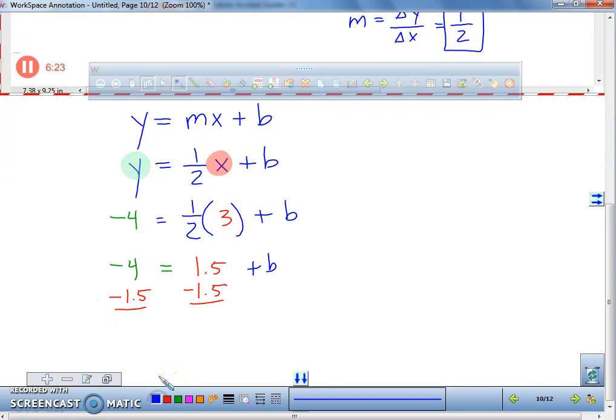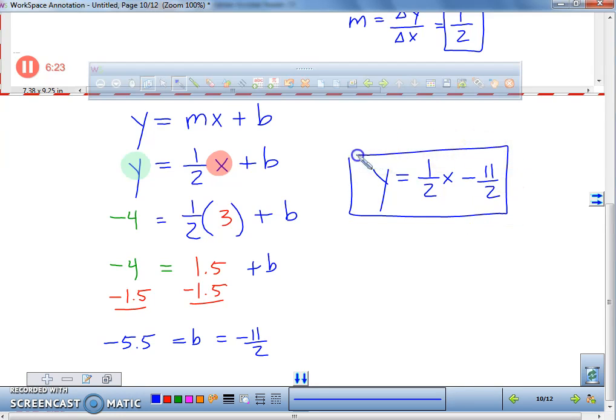And look, b is equal to negative 11 over 2. And so my final answer, I still get a half of an x minus 11 over 2.